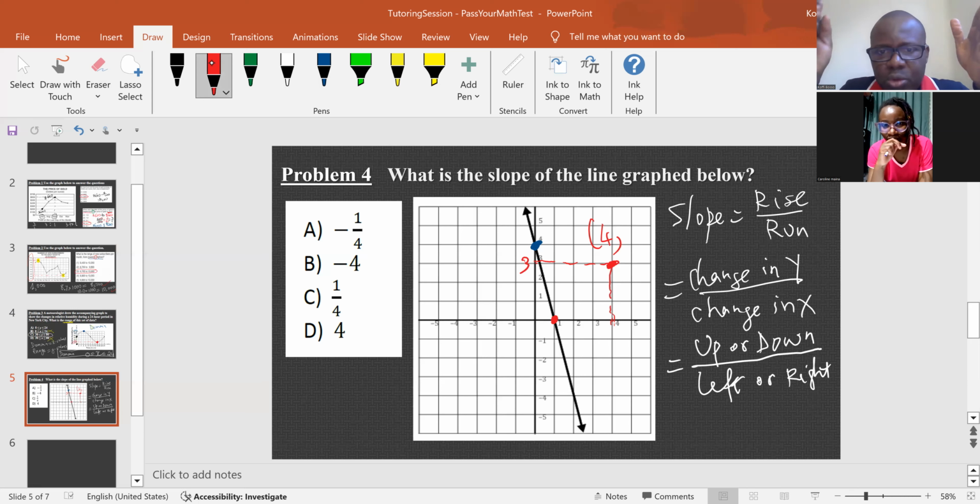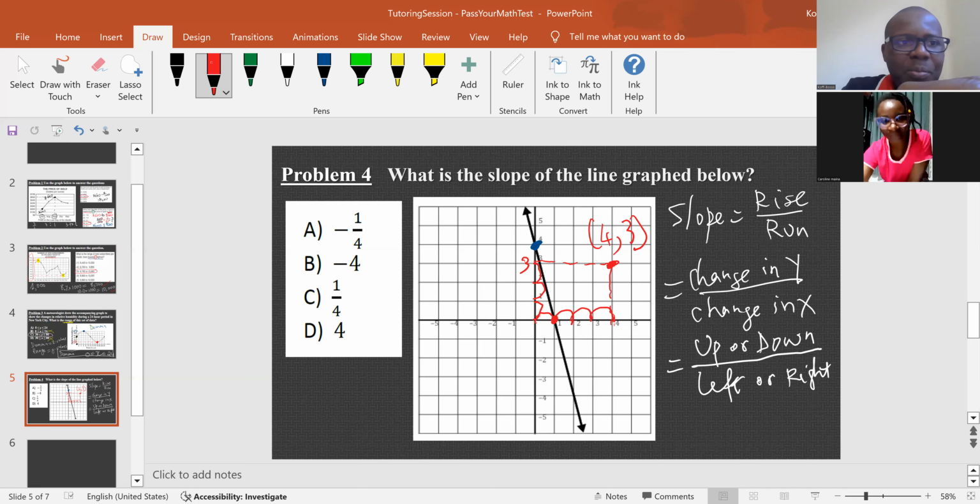The space between 2 bars represents 1 unit. So this is 1 unit, 2 units, 3 units, 4 units, so 4 units for the x. That's why the x value is 4, comma, the y value is 1, 2, 3 units, so comma, 3. The space between 2 lines represents 1 unit.